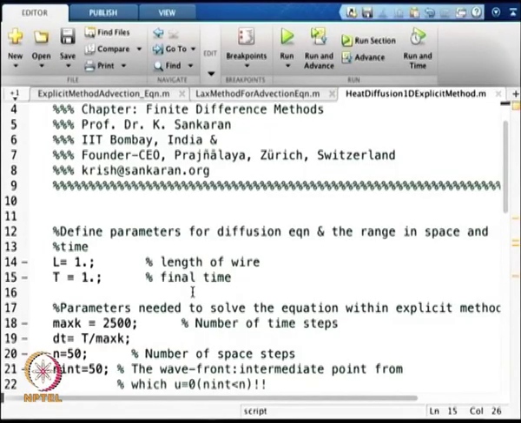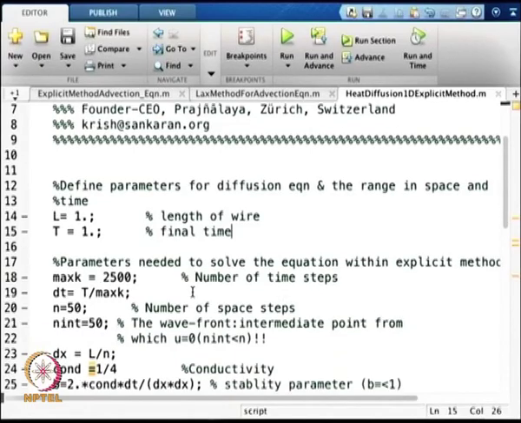Before going into the simulation itself, let's look at the parameters for the diffusion equation and also the range in space and time. We are setting the length of a wire that we are interested in modeling the diffusion of heat on.